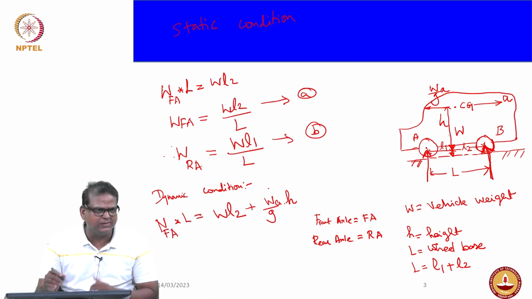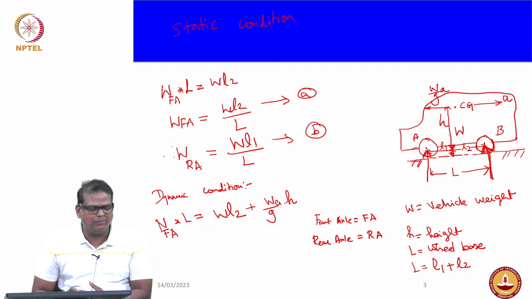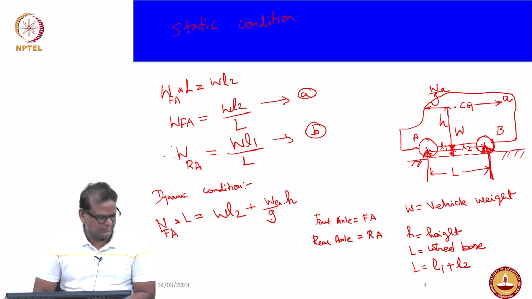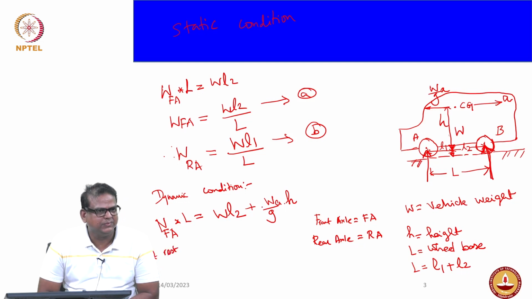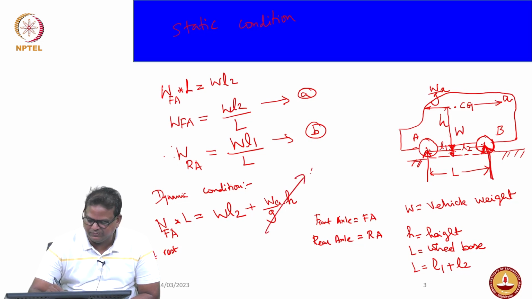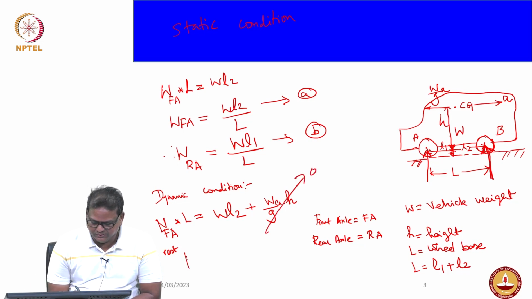Suppose the same vehicle stops, what happened to this term? Assuming that the vehicle is at rest, the inertia will be 0, right. So, the entire term goes off. That means NFA into L equal to WL2.